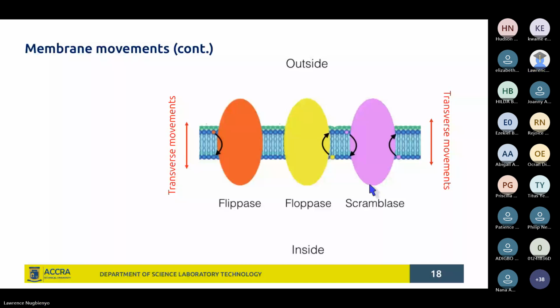But this is catalyzed by a different enzyme, scramblase, which means scramblase can do what both flippase and floppase do. Scramblase can do that, and scramblase will do it without the expense of energy. So these are 3 different enzymes that you are learning of today: flippase, floppase, scramblase.